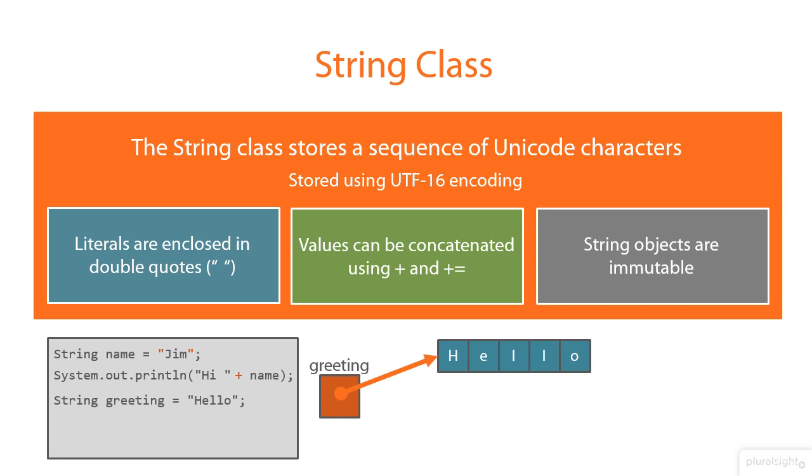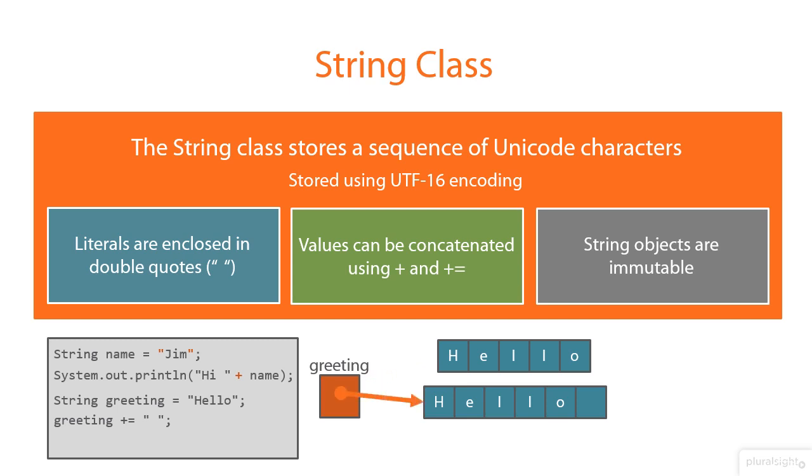But then if I do something as simple as greeting plus equals space, now all I want to do is add a space onto the word hello. In order for that to happen, a whole new string object has to be created holding all the existing values, the hello, plus the space, and then greeting is repointed to that new instance. So it'll feel like just a space was added on to the end, but actually a whole lot more has gone on.